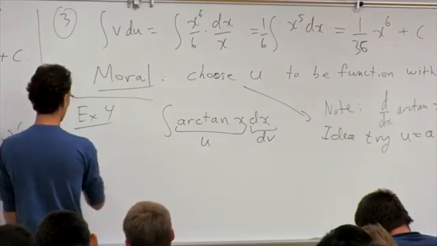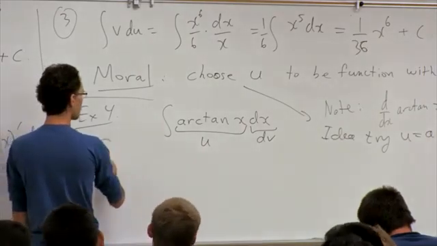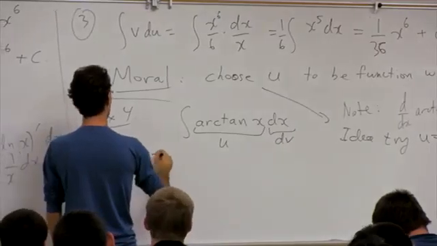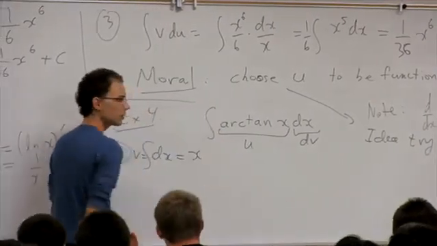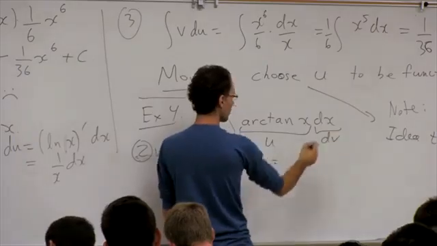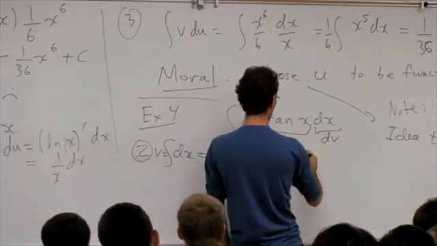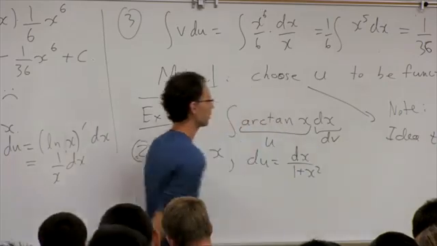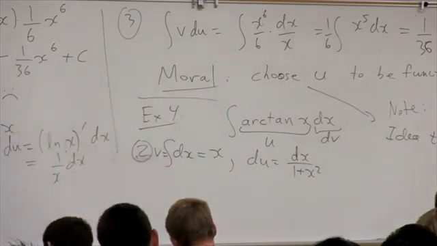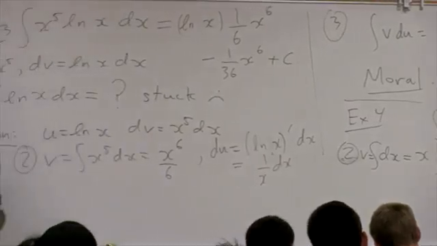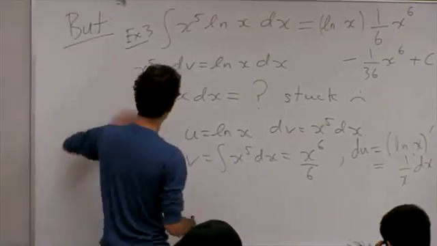For the second step, v is the integral of dx, which is nothing else than x. And du we already wrote over there, that was dx over 1 plus x squared. OK, and now with that we can almost complete the integral.